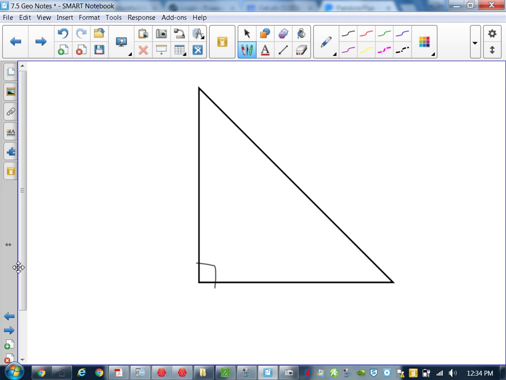That's opposite the 90. So these two parts of the right triangle are the two that you will always, always, always know. You may not know the value of the hypotenuse, but at least you will know where it is located.